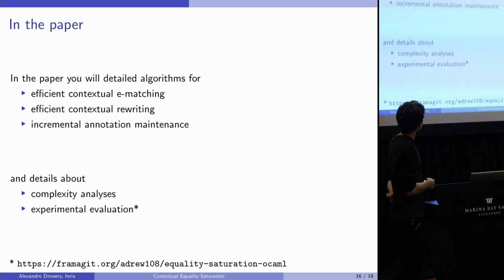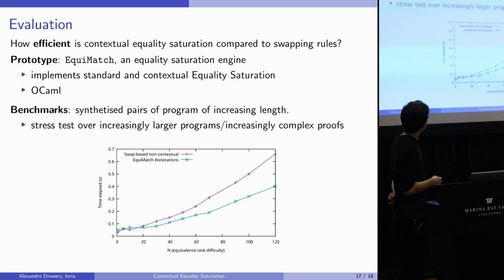If you want more details, you can find more in the paper, including algorithms on how to maintain these annotations, because an E-graph is a dynamic object. We will enrich it with new information, so we need to adapt our annotations to these enrichments. And you will also find details about the complexity analysis and an experimental evaluation that we made available in our artifacts.